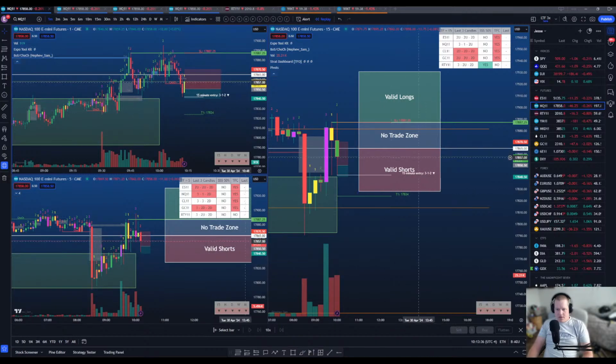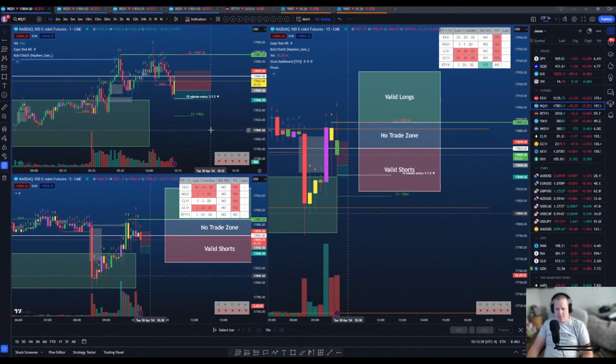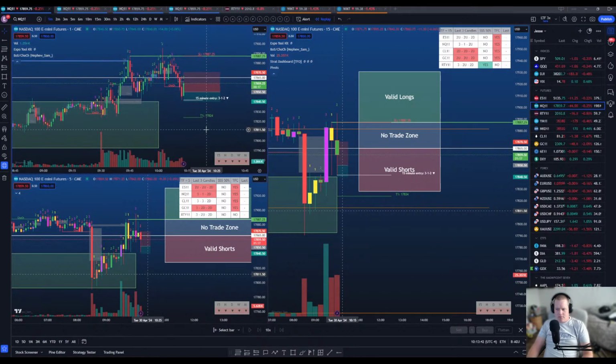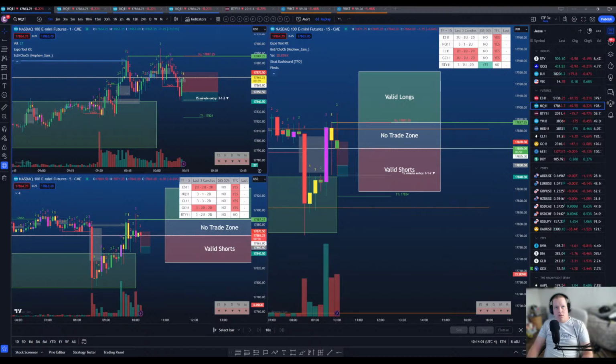Still in the valid shorts area. Don't love that. I'll bring stops up to another 2 bar if it comes. All right, stopped out, 15 points. Oops, oops, oops.